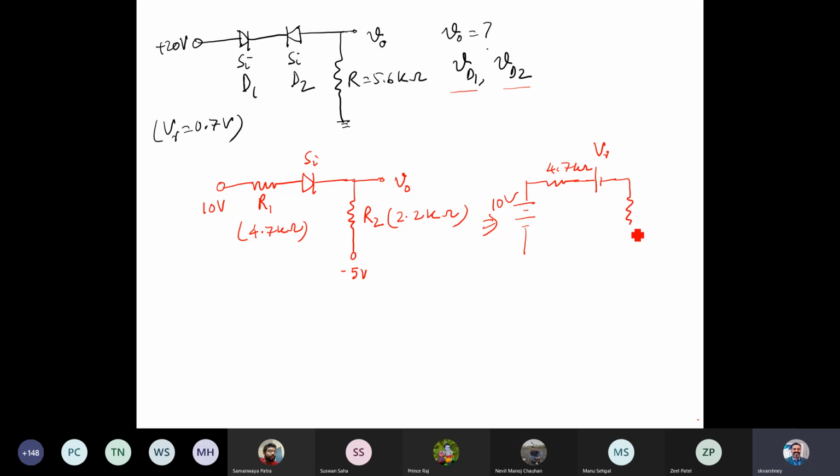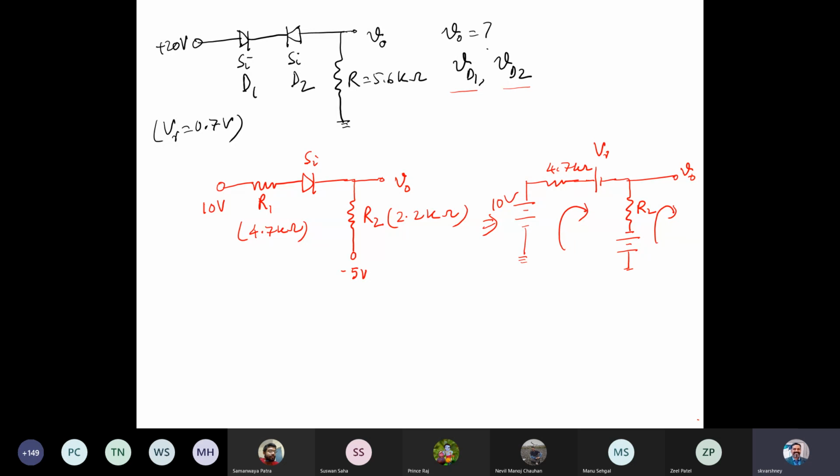Then we have this battery of -5 volt connected, and we need to find the output V naught. This is R2. You make one loop here and another loop here.